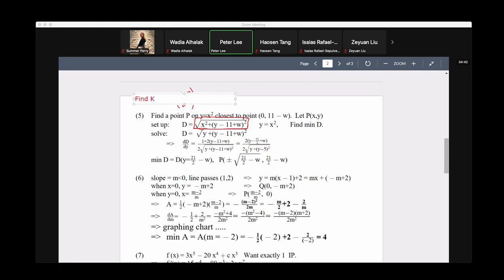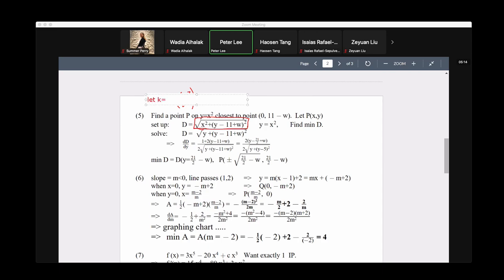How about let's take K equal to D squared. You do this, and then you say find min K. Let K be this.